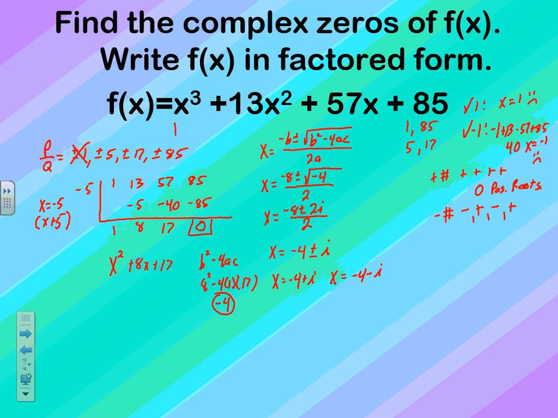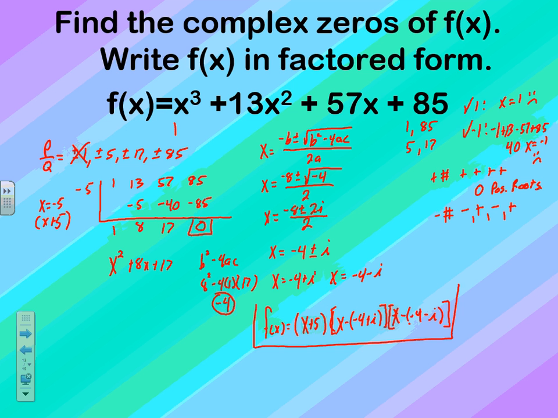So the way that we would write it in factored form, we would take the one real factor that we have, x plus 5, and then we take the factors of the two complex answers that we have, and we'd say x minus, and if you want to, you can put a bracket there, negative 4 plus i, and x minus negative 4 minus i.